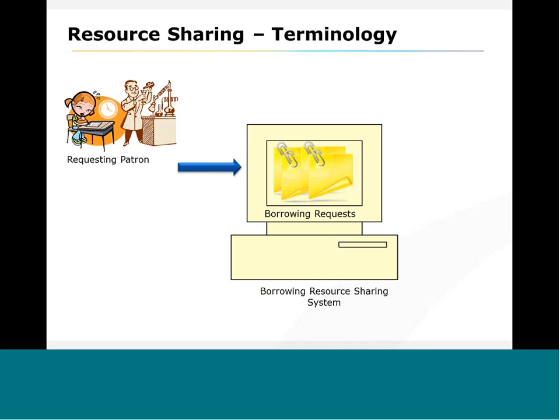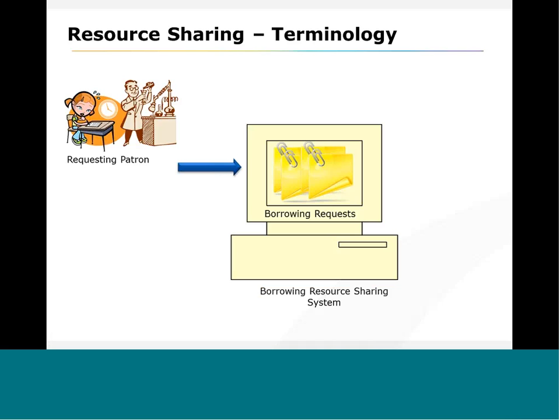The request is managed by a resource sharing system. In this case, this resource sharing system has the role of a borrowing resource sharing system, meaning it's going to take the role of implementing the borrowing side of the resource sharing process. As a resource sharing system, it's involved in doing any action, processing any action that is required in order to enable the patron to get the resource that the patron is interested in.